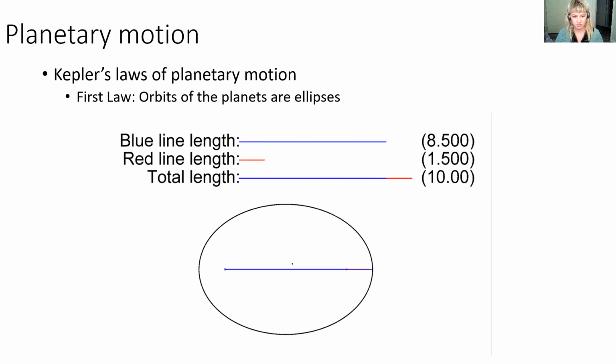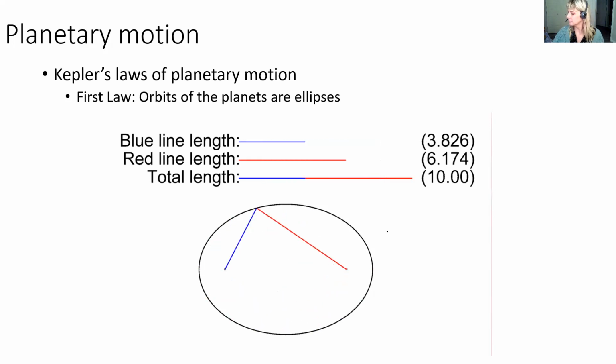If you want to draw an ellipse, you take a string, tap it down with 2 little points right here, and then take your pencil and draw all the way around like this. Stretch the string and draw all the way around. That'll be an ellipse. And notice that the length of the string that you use stays constant as you go around.